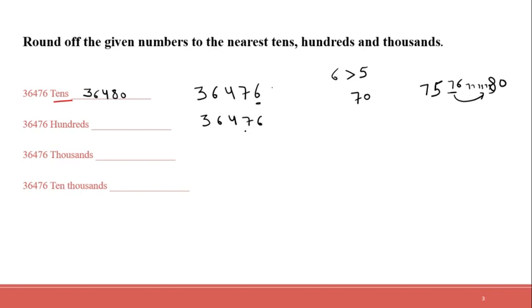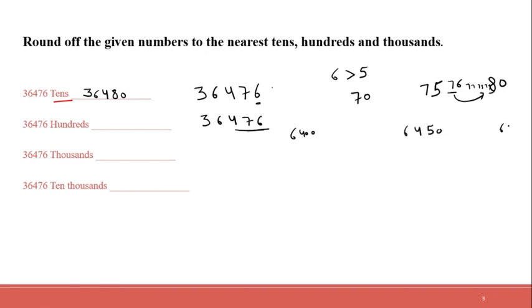Okay, so it is written here 476, right? That means if I write something like 6500 here and 6400 here, and somewhere in between there must be a 6450, right?